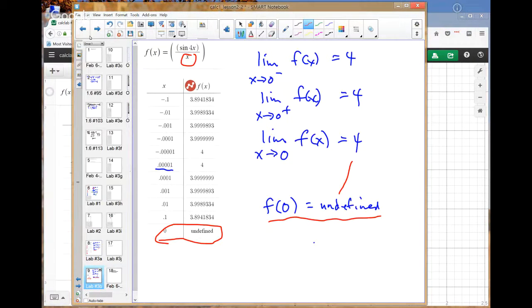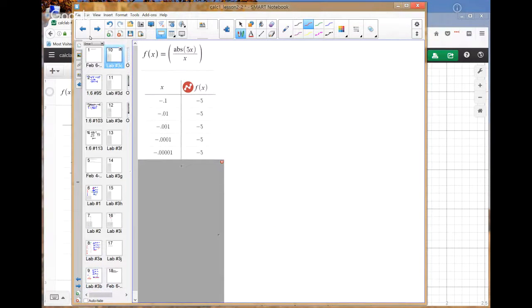So now we're going to move on and do this part C. And you can probably tell we're approaching 0 over here. So as we do some writing here, we want to find the limit as x approaches 0.